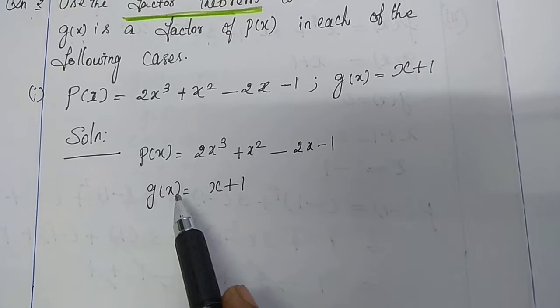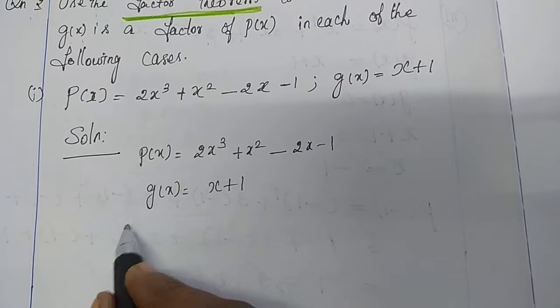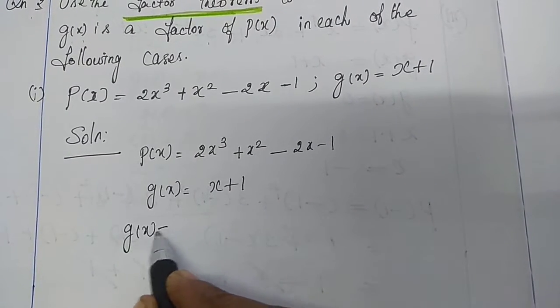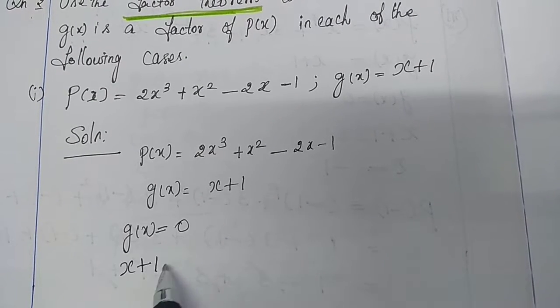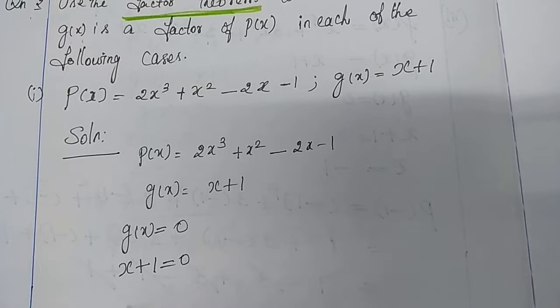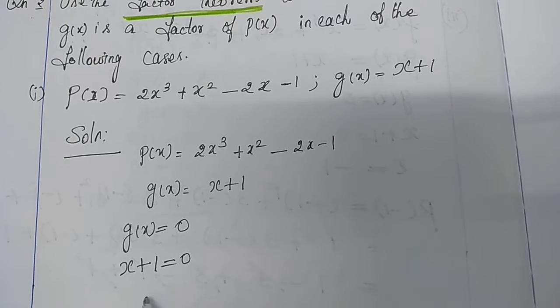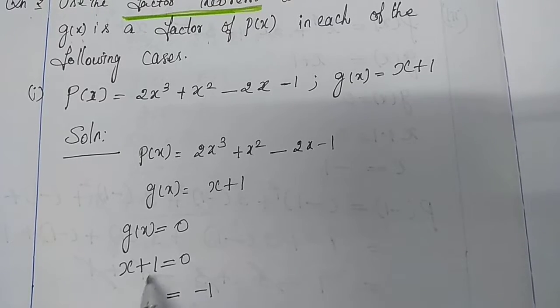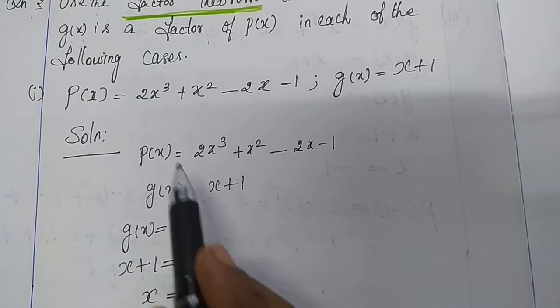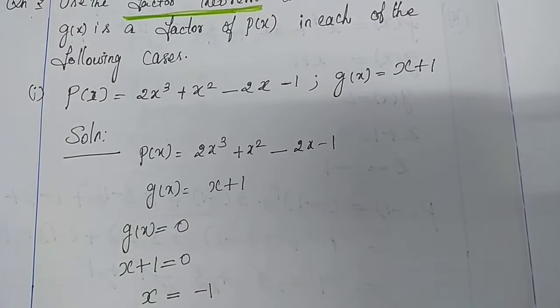For finding the 0 of g of x, put g of x equal to 0. Therefore, x plus 1 equal to 0. That implies we get x is equal to minus 1. Substitute this x is equal to minus 1 in this p of x.